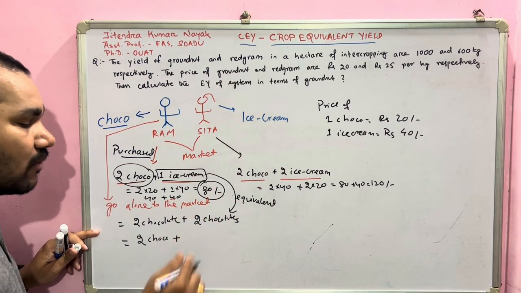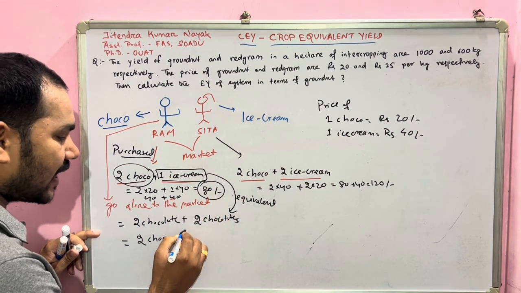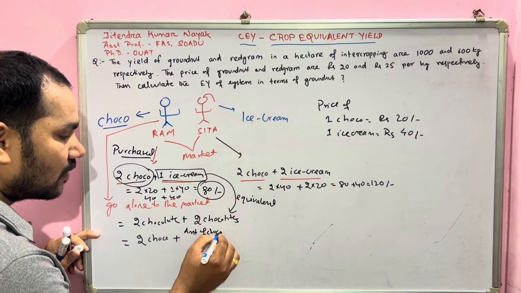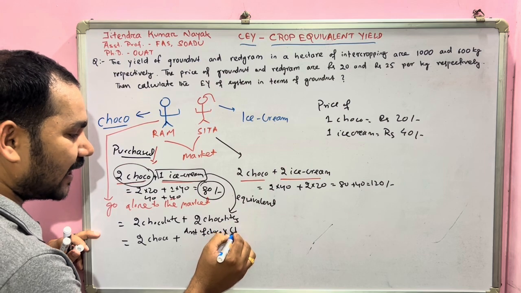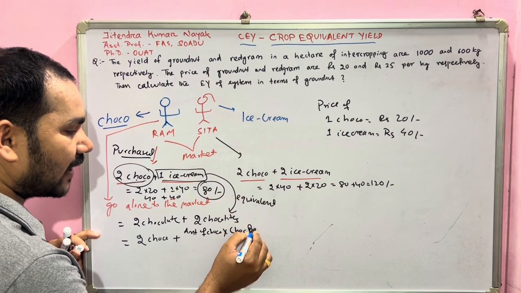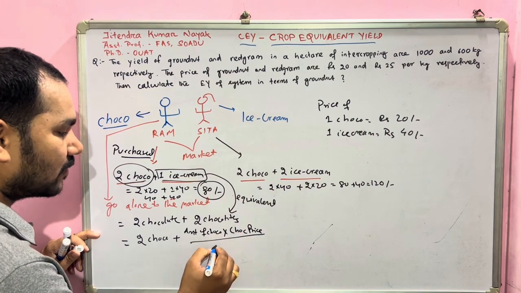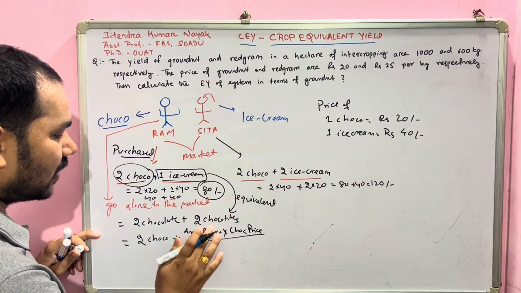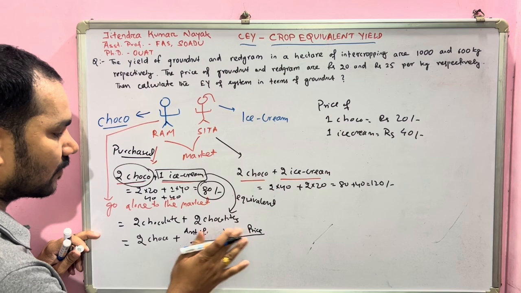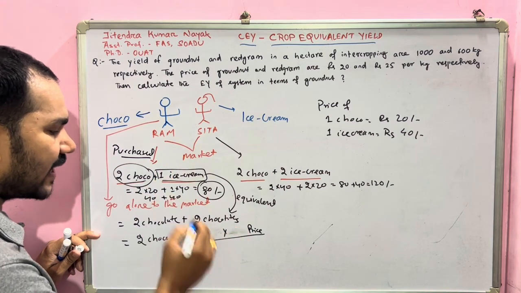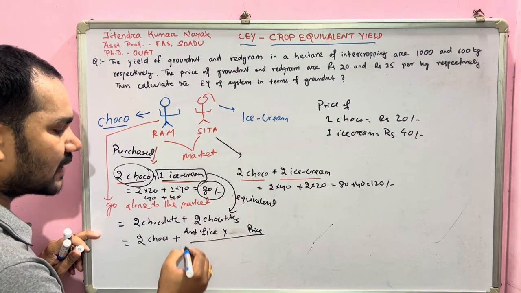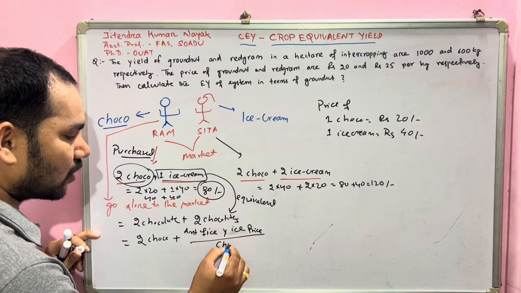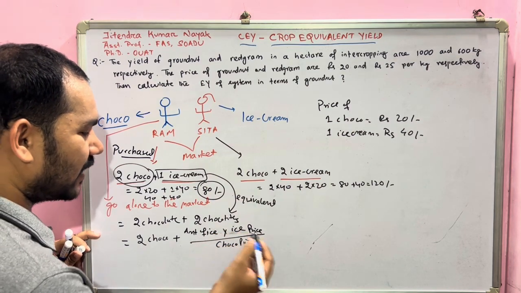So how have you calculated it? The amount of ice cream, one ice cream, into the ice cream price, divided by the chocolate price. Very simple.